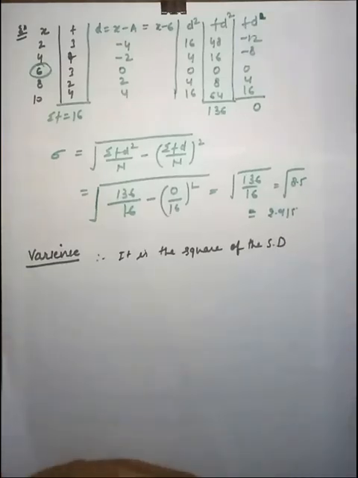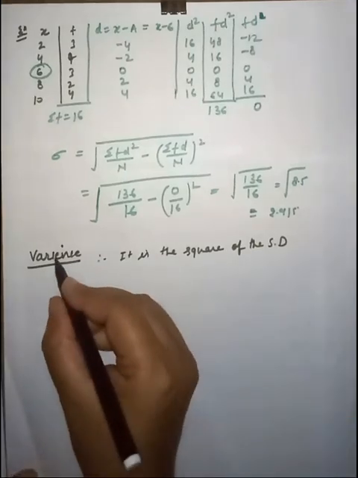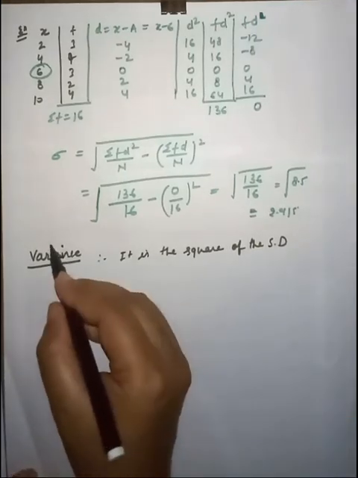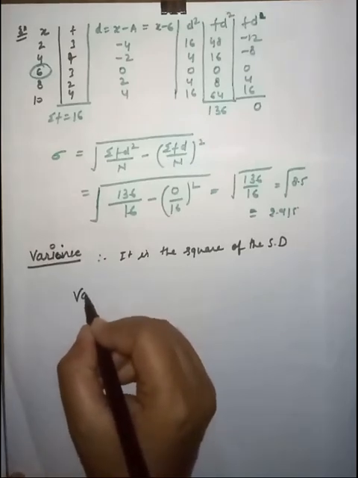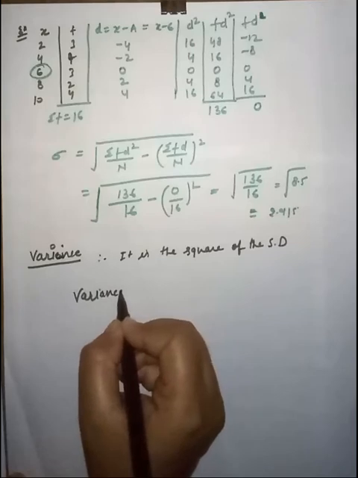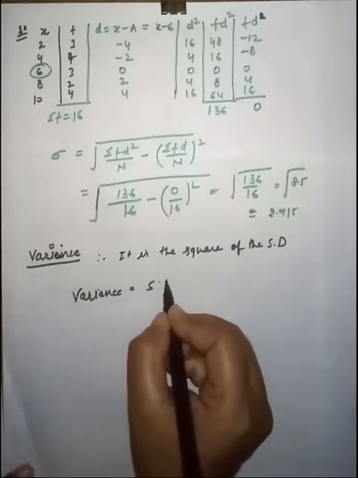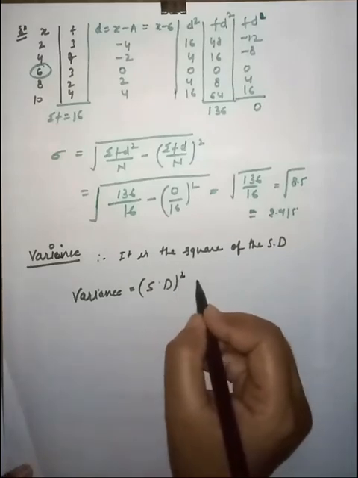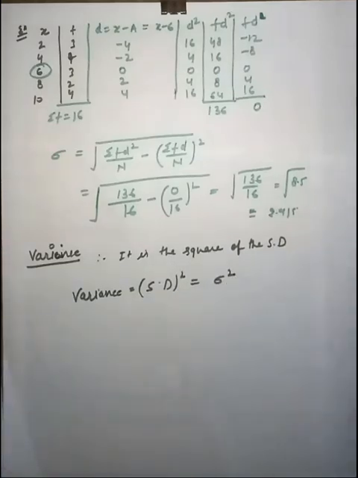So the variance formula is standard deviation square, or you can say sigma square, right friend? So this is the variance formula.